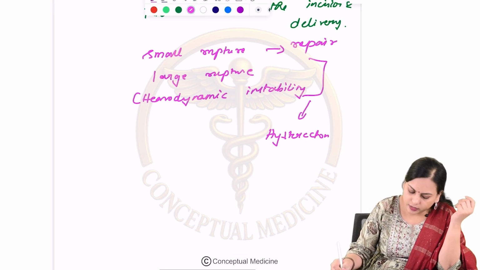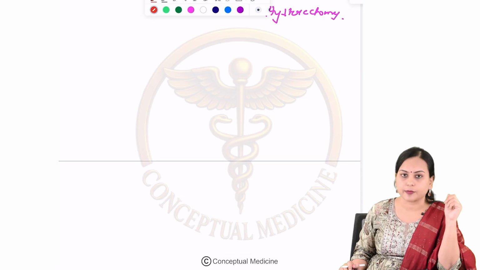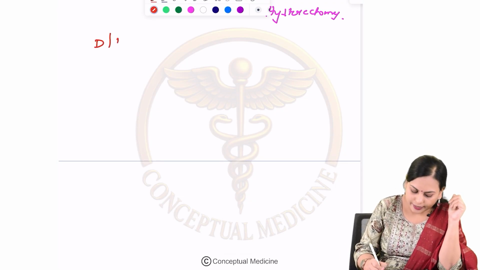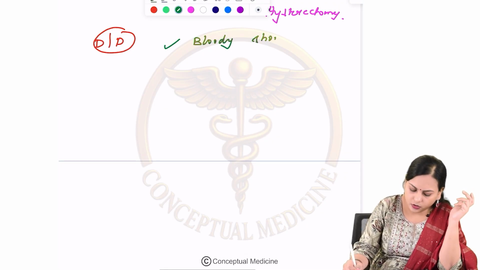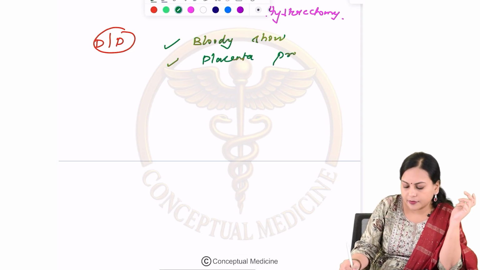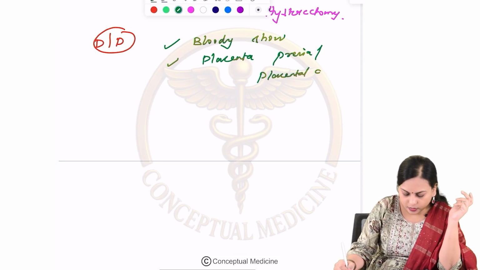Clear? Yes. We will see some of the important differential diagnoses of uterine rupture. Okay. So, differential diagnosis conditions include placenta previa or placental abruption. Okay.